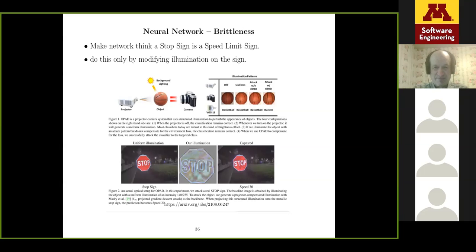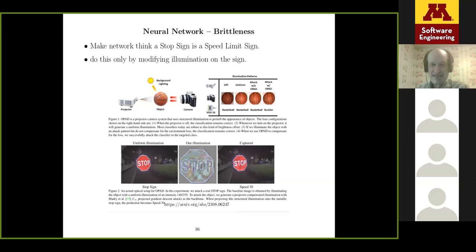This is a paper that appeared recently in which they took the image of a stop sign that the network recognizes as a stop sign, but by shining a carefully constructed illumination on the stop sign, for which I believe they needed to have access to the network, they managed to convince the neural network that this was a speed limit 30 sign.